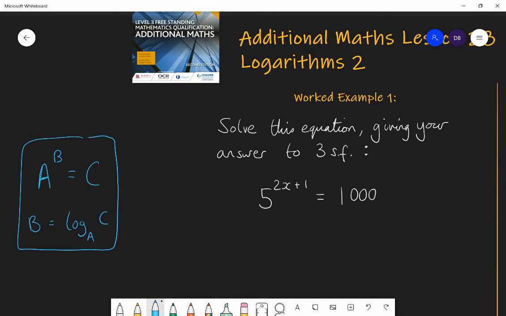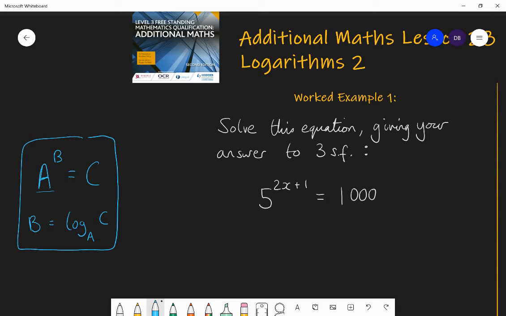So b is the logarithm of c to base a. Okay, so a is the base of the power, c is the result of putting a to the power of b. So to get the power that you need, you do log base a of c. So it's the same for this question.